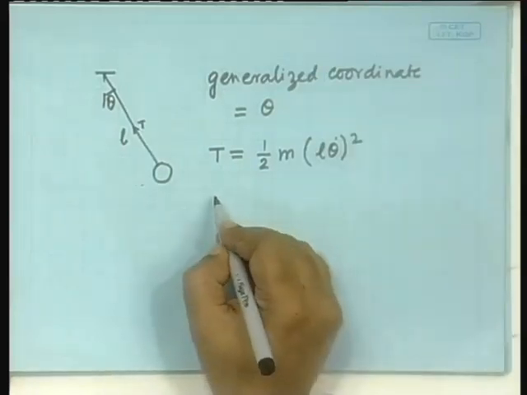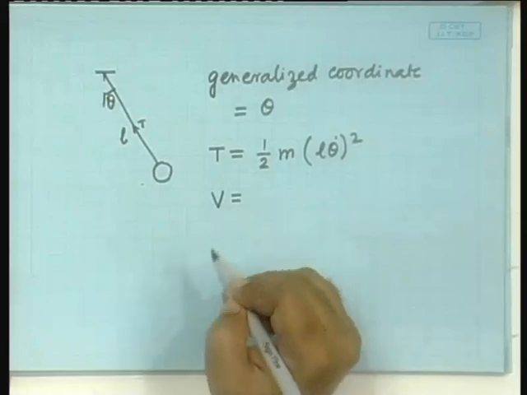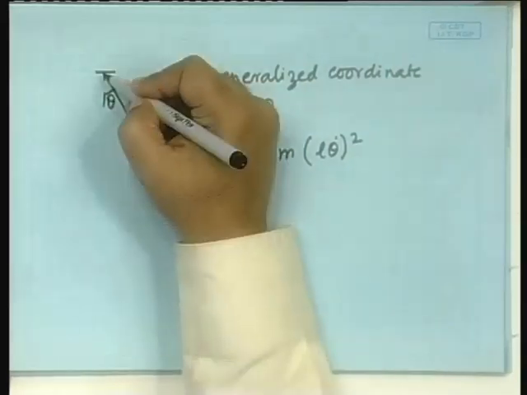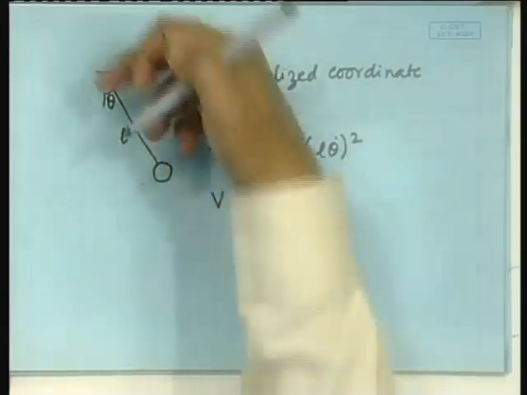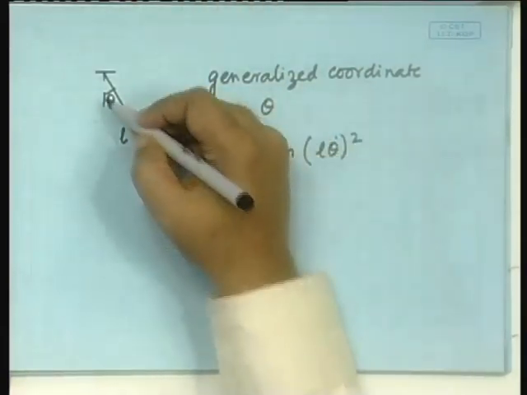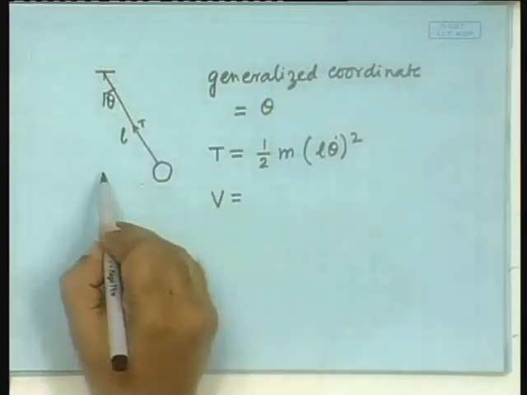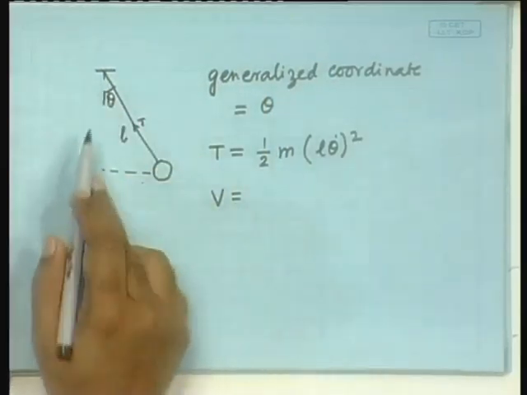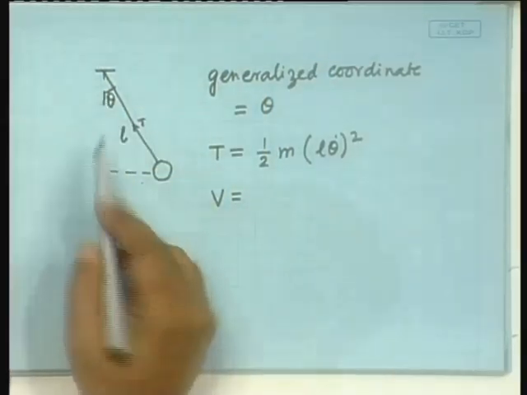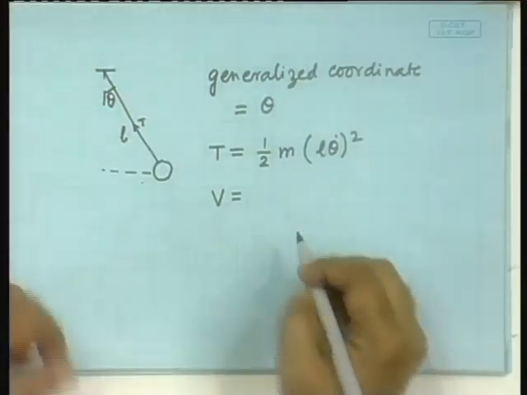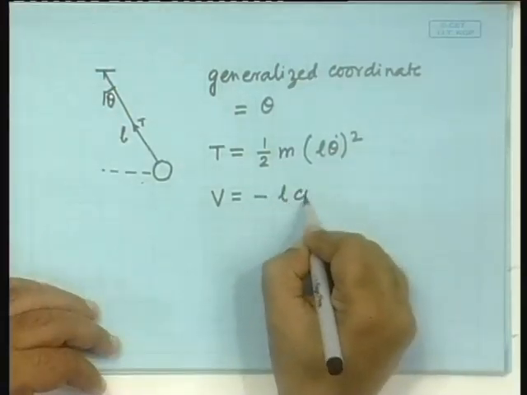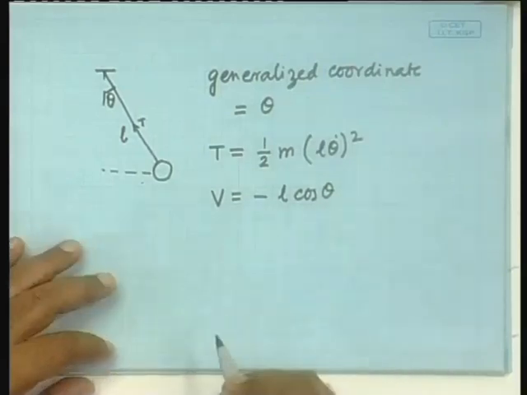And your potential energy is, suppose I measure from here, how much it is below. Then if this is theta, then this height is L cos theta. So, negative of that, minus m g L cos theta.